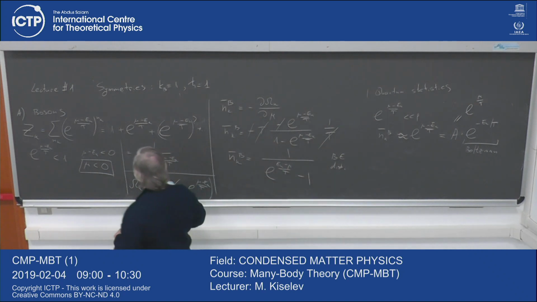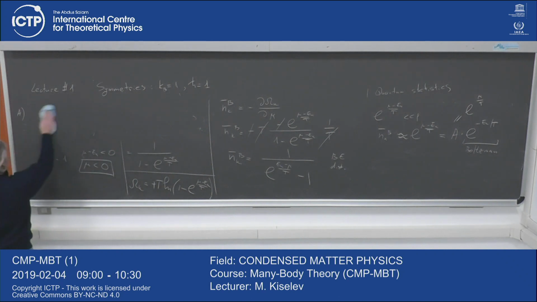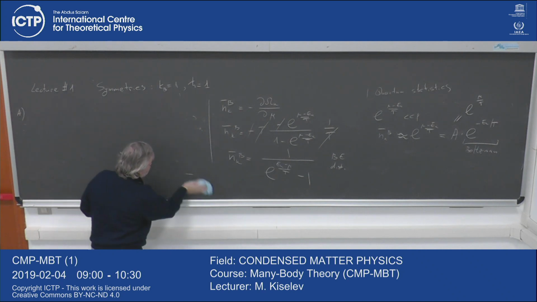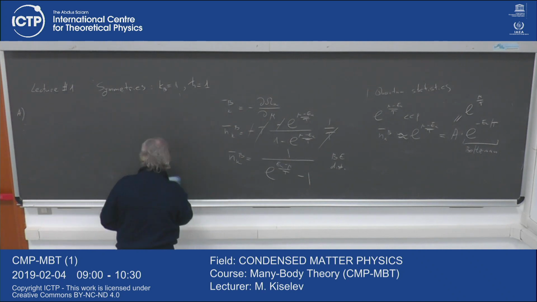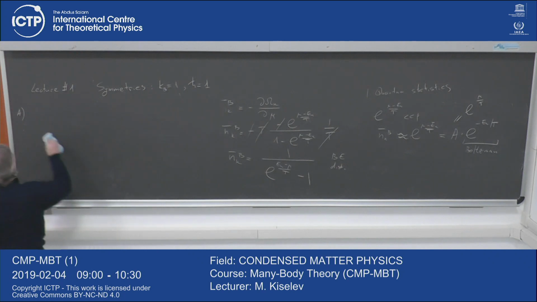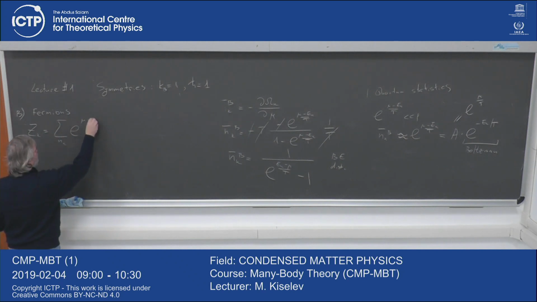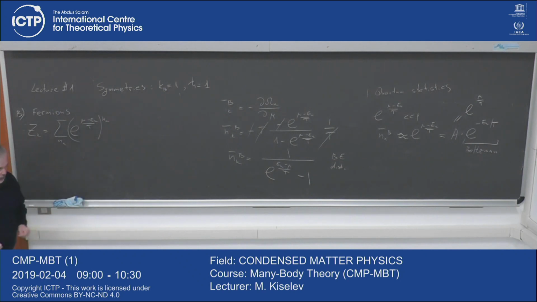Now let's do the same for fermions. So for fermions, we compute Z k, which is the sum over n k of e to the power mu minus epsilon k over temperature, to the power n k.